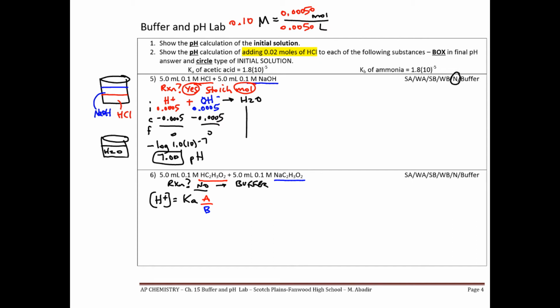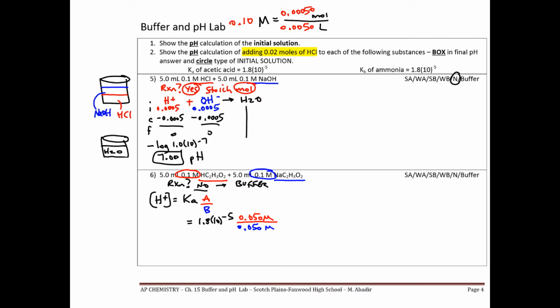So you know that the Ka is 1.8 times 10 to the minus fifth for acetic acid. Now the acid is not going to be 0.1 anymore. Remember, it's diluted because you mixed it with the other solution. So this is really going to be 0.05 molar. Interestingly, if you forgot that, you would actually still get the right answer, but you could bet that questions will be designed so you can't do that.